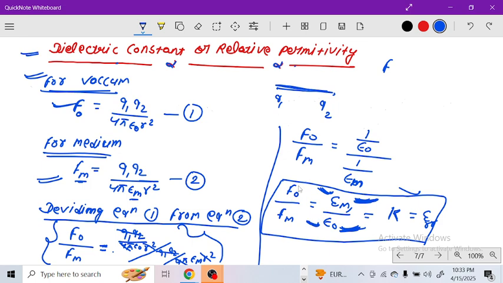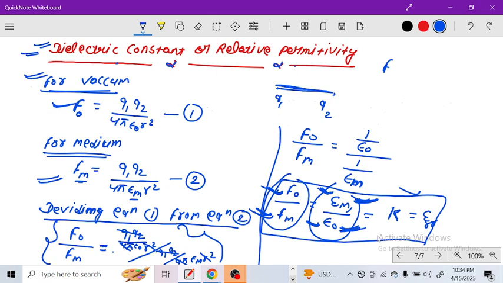We can also write it as the ratio of the force in free space to the force in medium, that is, the ratio of forces of vacuum to the forces of medium. These both are definitions of dielectric constant.